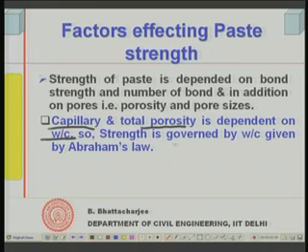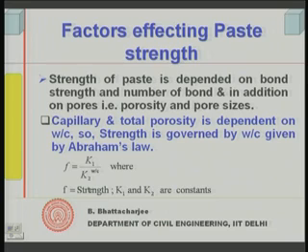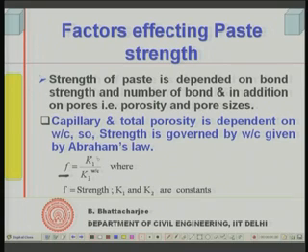So, that is why strength is governed by water cement ratio, and that is what has been given by Abrams' law. He found that strength is a function of water cement ratio. Pretty early in the 1920s, through empirical experiment, he found that strength of cement paste or even concrete is a function of water cement ratio. In fact, it is inversely related to the water cement ratio, and that is how his expression looks: strength of paste is, this is a constant, this is another constant, and this is water cement ratio.